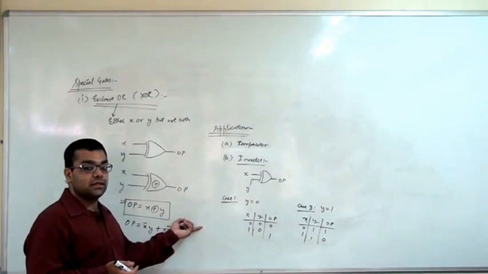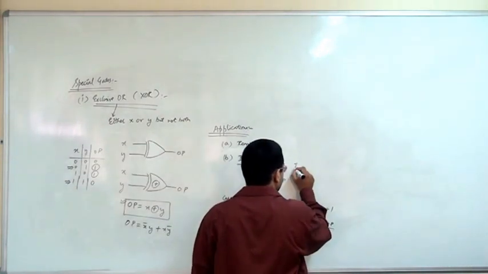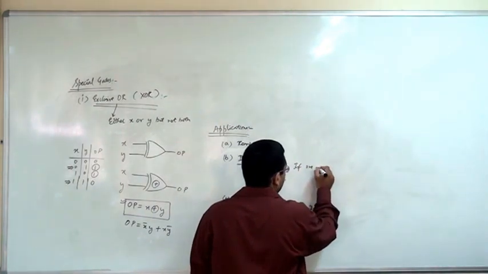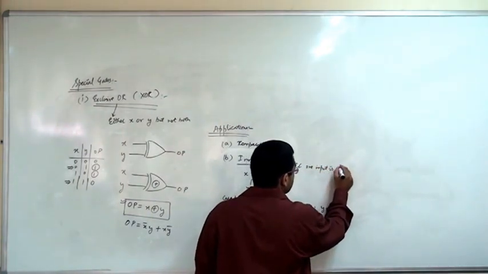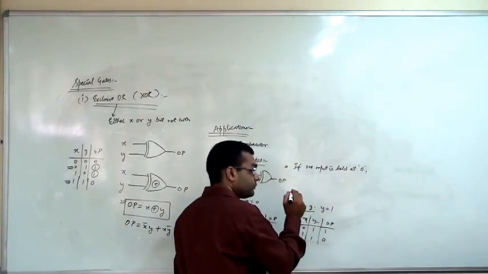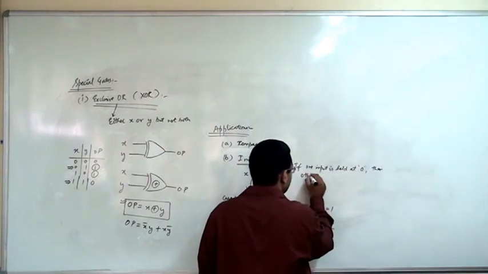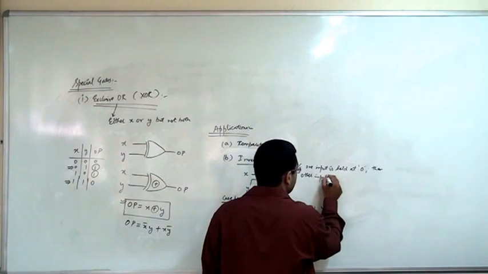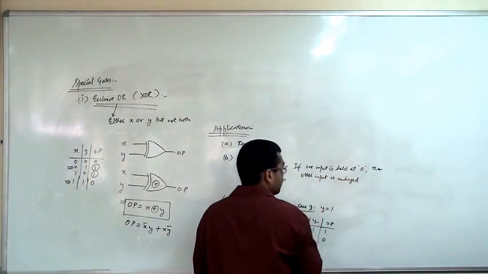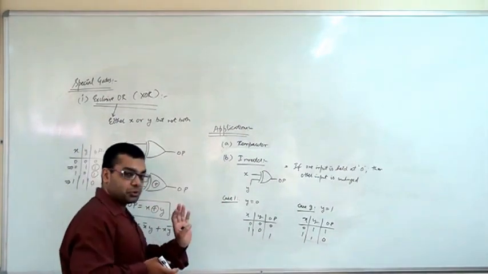So now you can see in the XOR gate, if one input is held at 0, then the other input is unchanged. This is called the buffering action. Whatever input you give goes to the output.